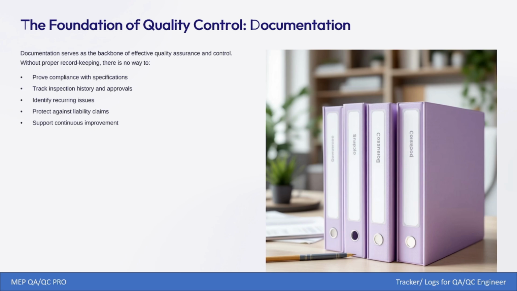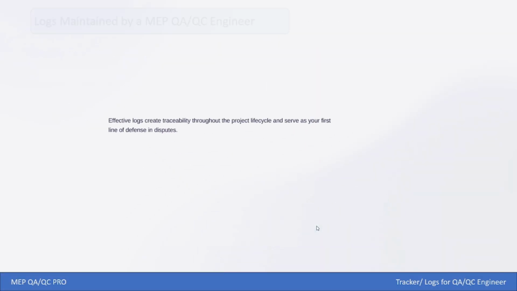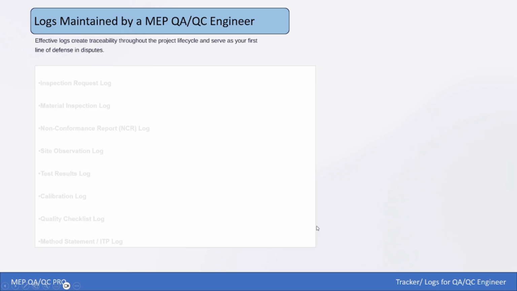So let's understand what the different types of logs and trackers are. The logs maintained by an MEP QAQC engineer. Effective logs create traceability through the project cycle and serve as your first line of defense in disputes.